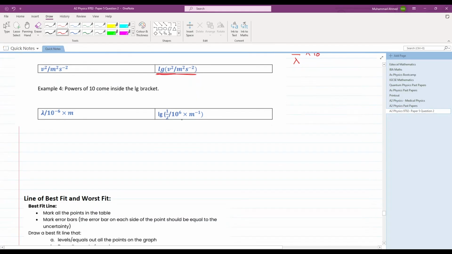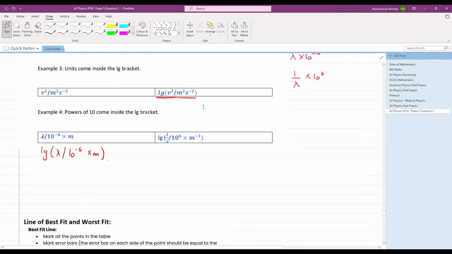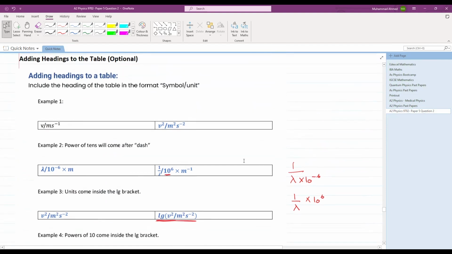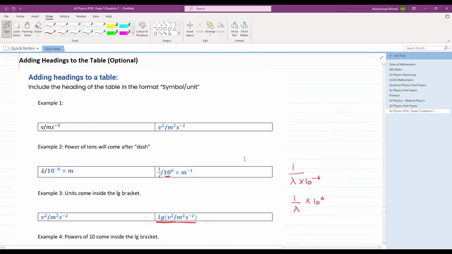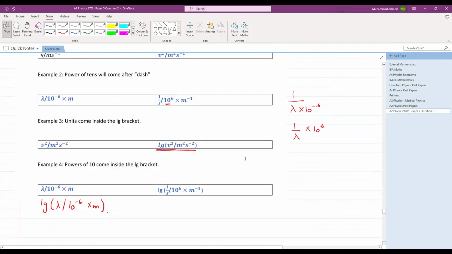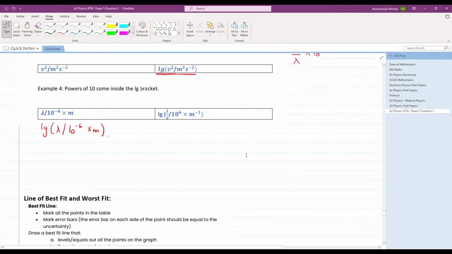If you are taking an LG like this, LG lambda 10 raised to the power of minus 6 slash multiplied by meters, everything will remain the same. However, if you are taking an LG of 1 over lambda, then you will make the power as 10 raised to the power of 6 and the units as meter minus 1. This is just a simple column heading topic. Just 2 to 3 minutes should be spent on this, not more than that, because this has become obsolete.